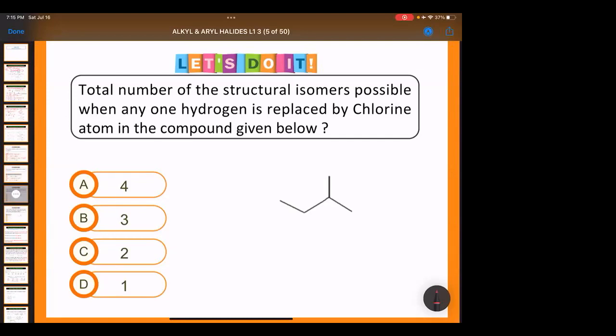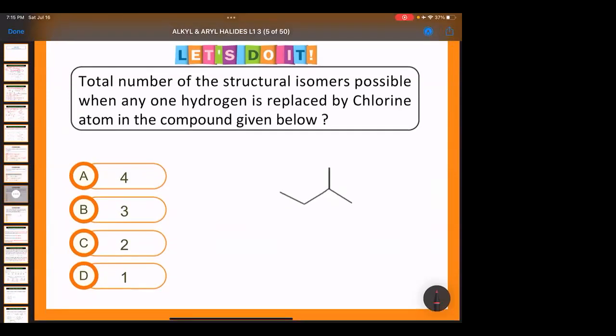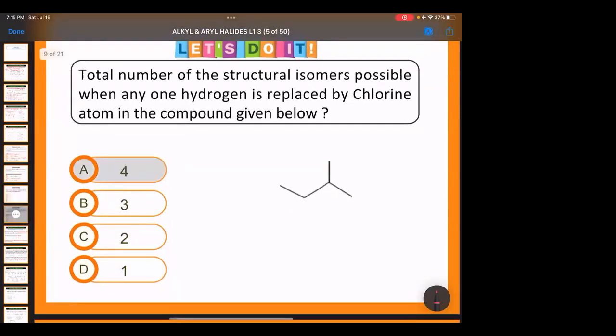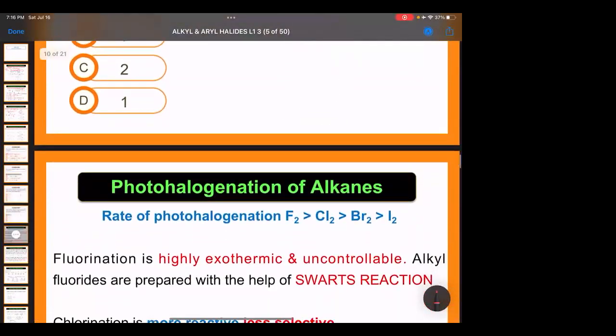So this is the question which was asked in JEE. I think it's 4. Yes, correct, it's 4, but the same way you need to answer.